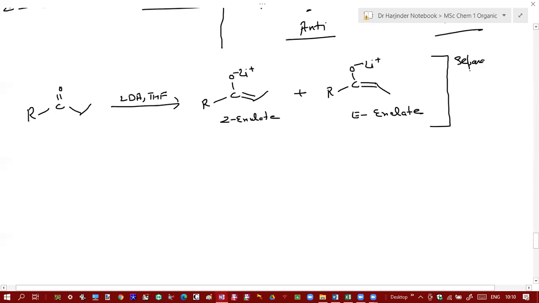Can you tell me how you can separate these 2 enolates? Are they enantiomers or geometrical isomers? They are geometrical isomers. And do geometrical isomers have the same physical properties or different physical properties? Different physical properties.